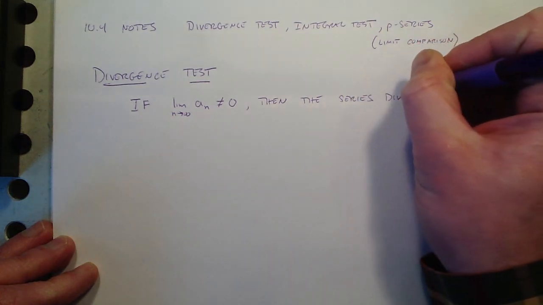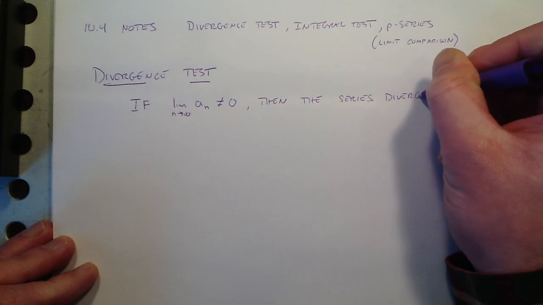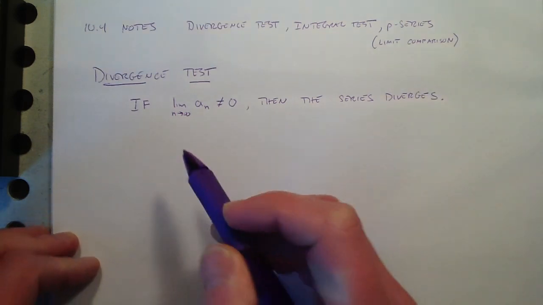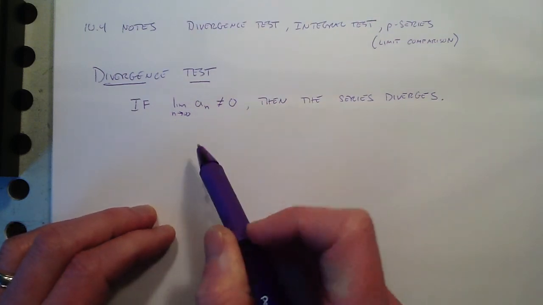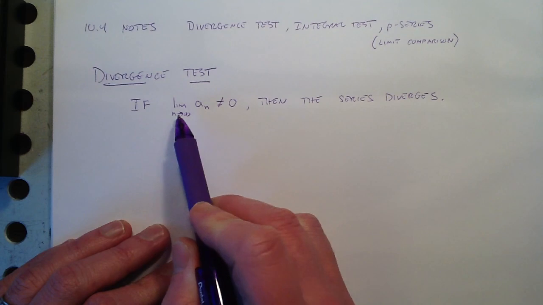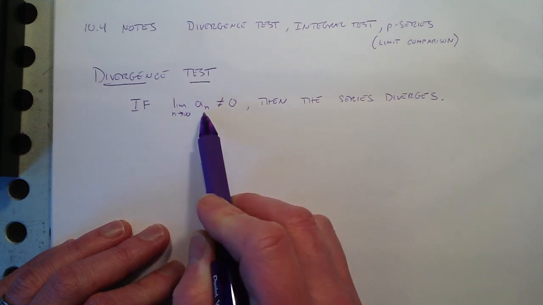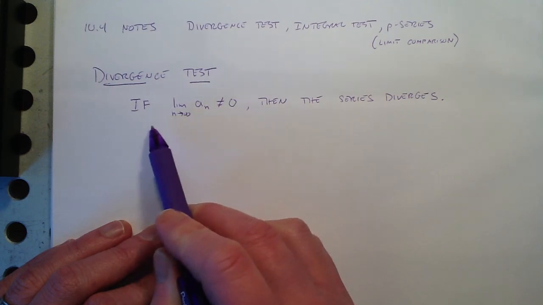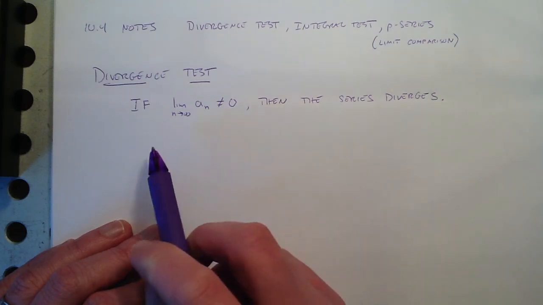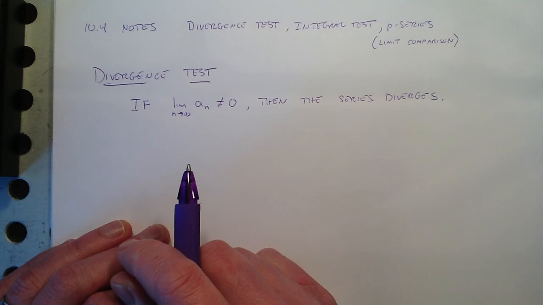If you think about that for a minute, this should be very obvious. For a series to converge, the terms are going to have to be approaching 0. You can't add up infinitely many things that aren't going to 0 and expect to get convergence.